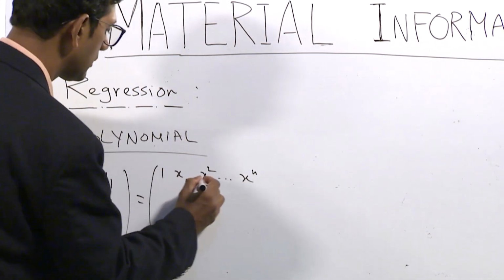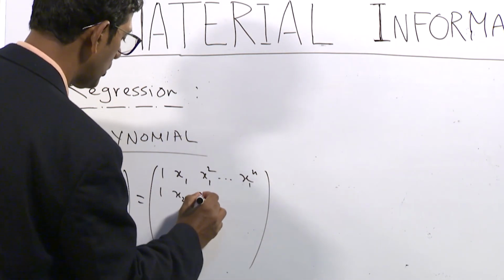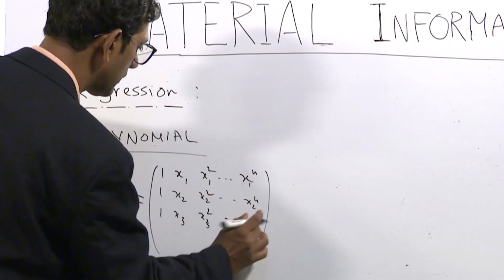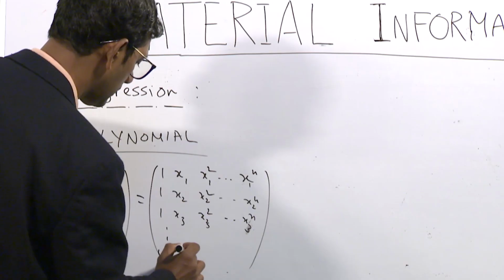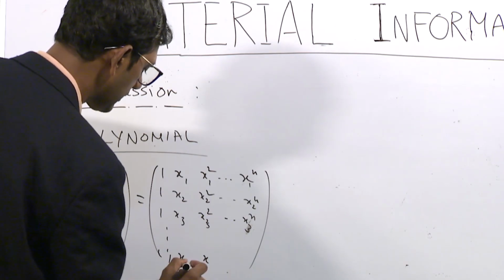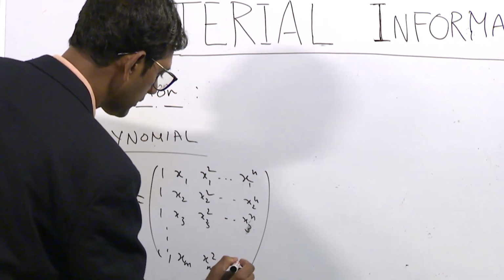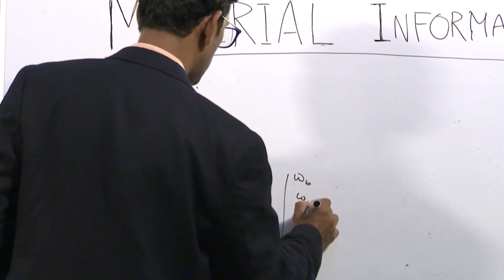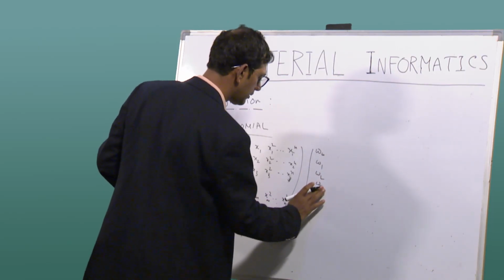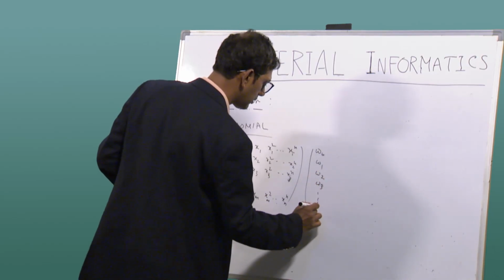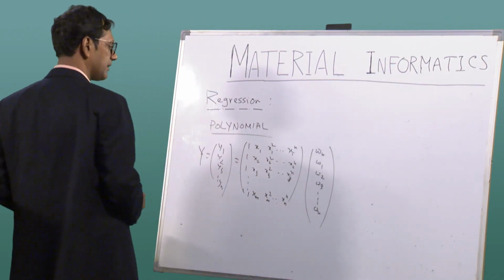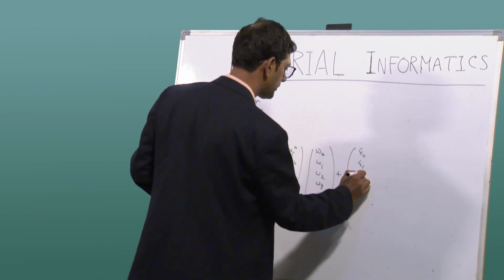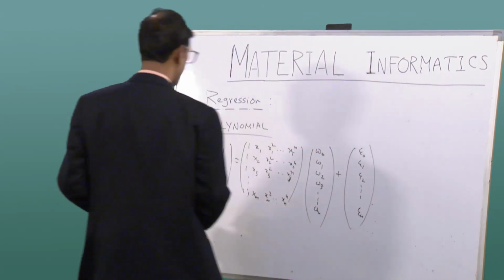This is 1 actually, x1, then 1, x2, x2 square, x2 to the power n, 1, x3, x3 square, x3 to the power n, 1, xm, multiplied by all the w's, w0, w1, w2, w3, wn, and if I am considering errors, this will be epsilon 0, epsilon 1, epsilon 2, epsilon n. This is what it is.